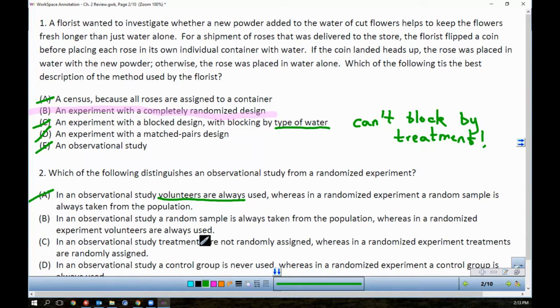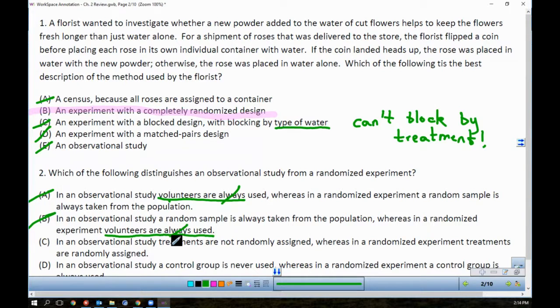We could go down to the end here and say volunteers are always used in an experiment. No, not always. Throw that out. The always here throws it out.